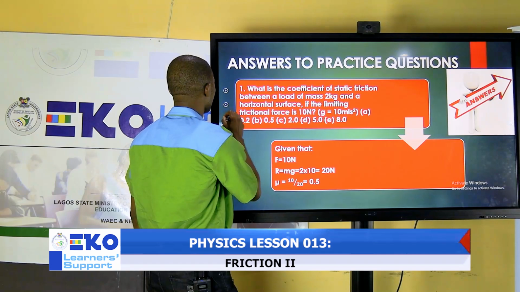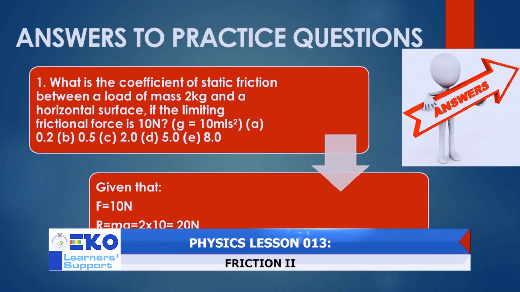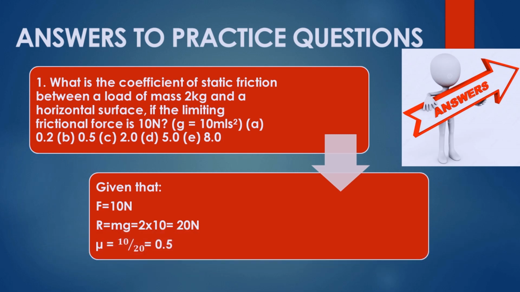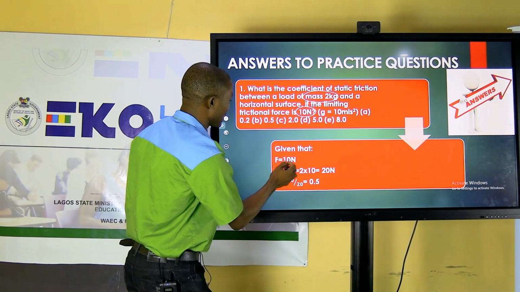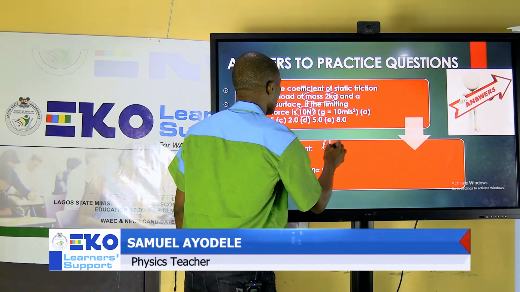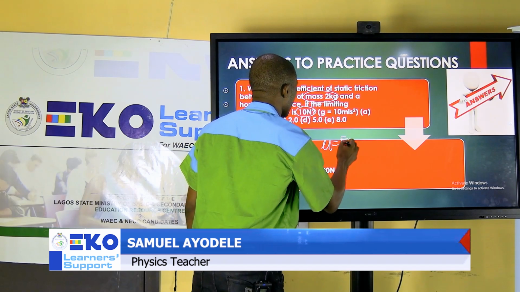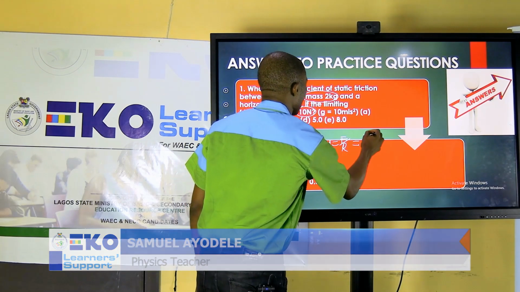Look at question number 1. What is the coefficient of static friction between a load of mass 2 kg and a horizontal surface if the limiting frictional force is 10 Newton? Given that the frictional force is 10 Newton, the coefficient of friction is F over R. The value of F is 10.